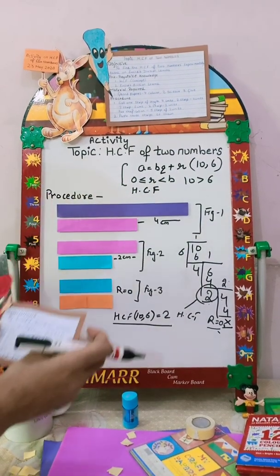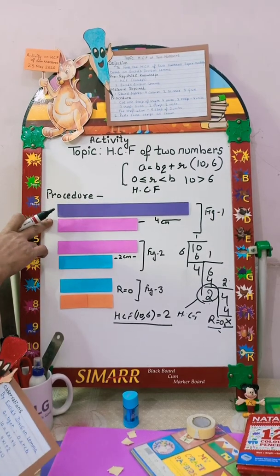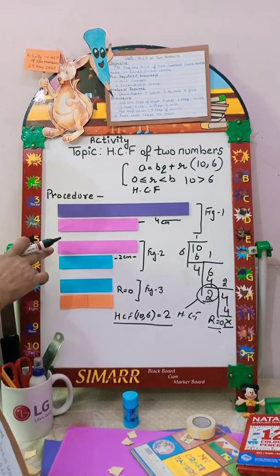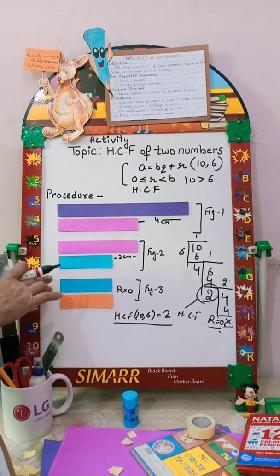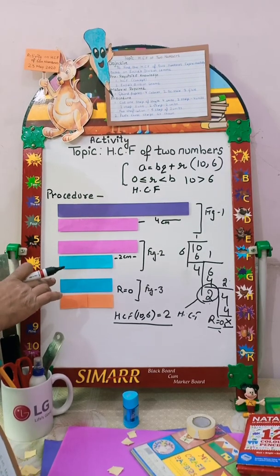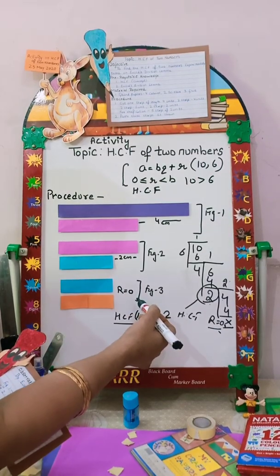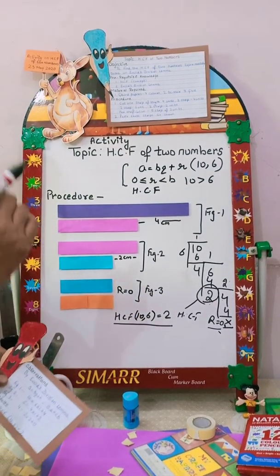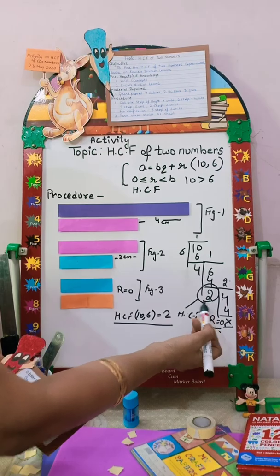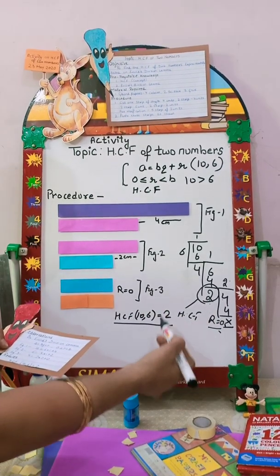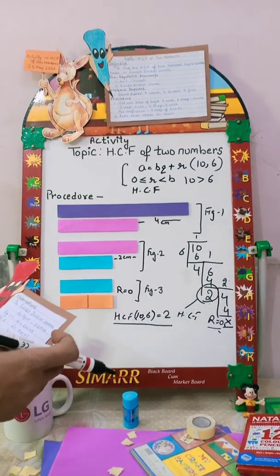In the first figure, I am applying it for 10 and 6. In the second figure, for 6 and 4. In the third figure, for 4 and 2. At the third step, our remainder is 0, so we stop our procedure. At that time the divisor is 2. So the HCF of 10 and 6 is 2.